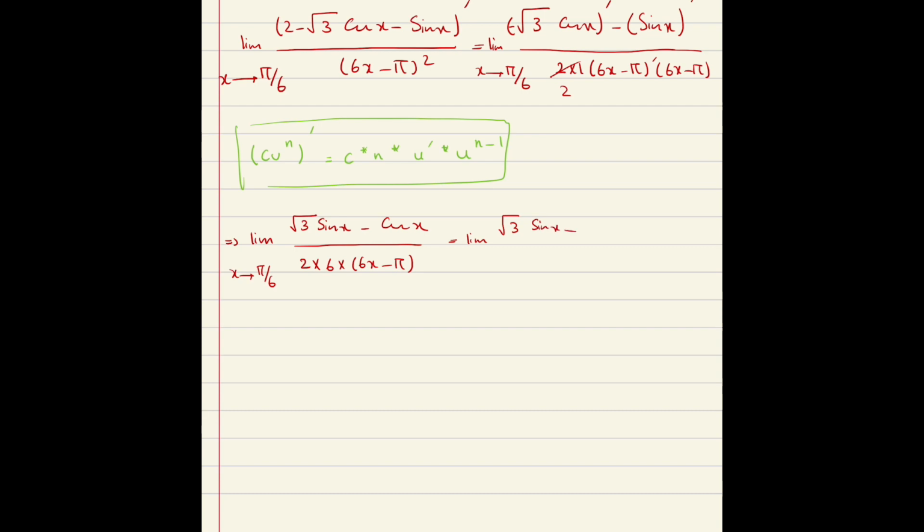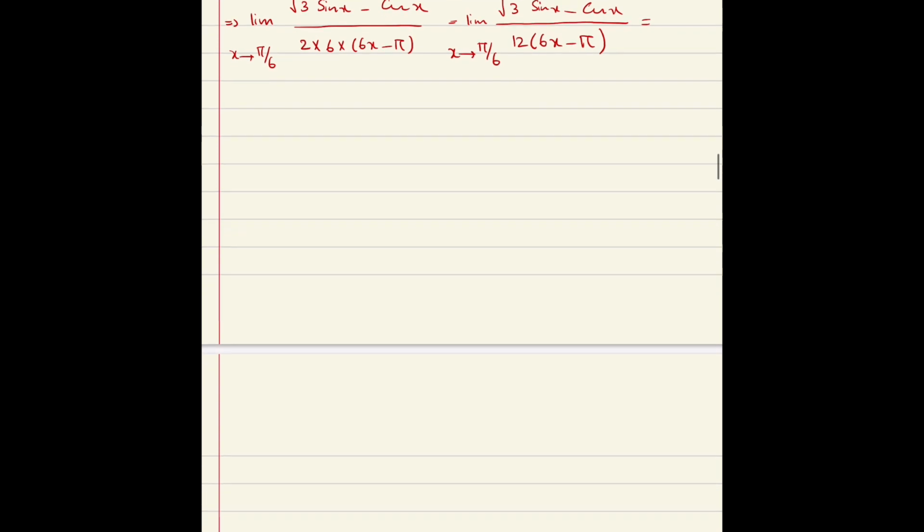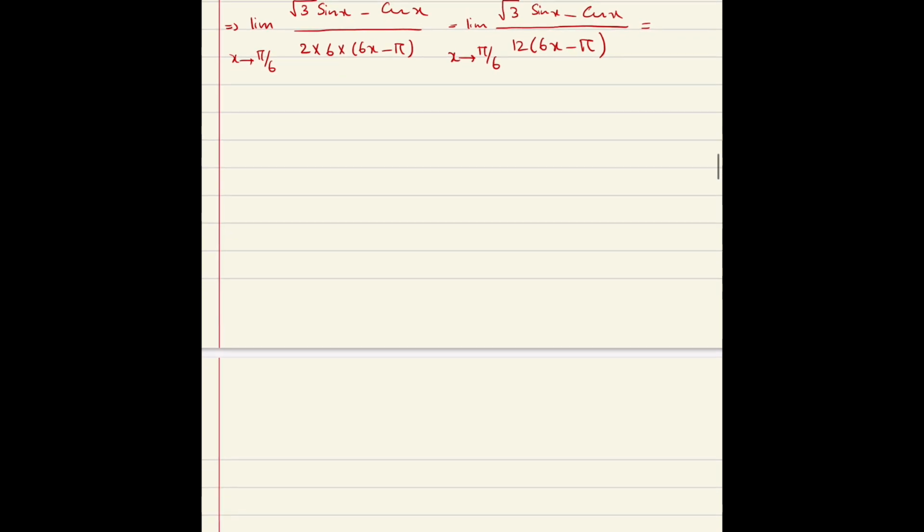So limit of (root 3 times sine x minus cosine x) over 12 times (6x minus pi), x approaching pi over 6. So I'm going to put pi over 6 as the x and see what is the answer right now.